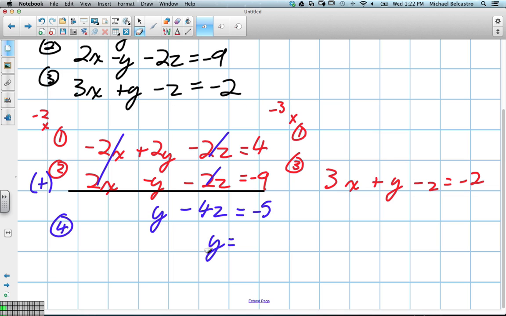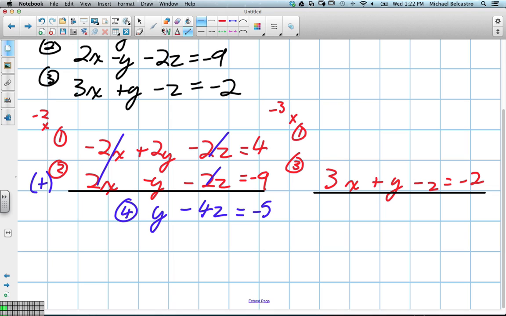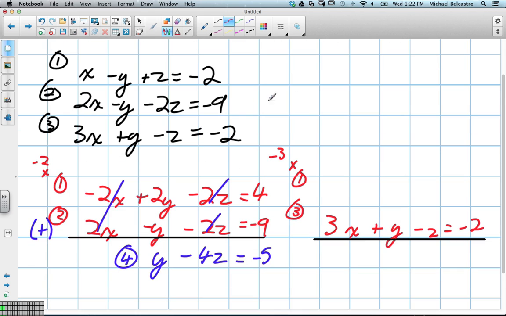That's fine. Our equation 4 is actually a line, or an equation here, so that we can deal with this the way we originally planned. And we'll take equation 1 multiplied by negative 3.